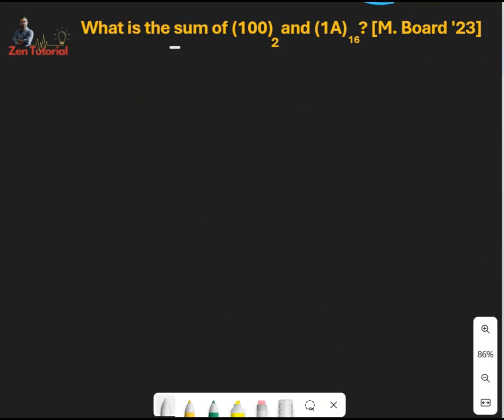What is the sum of two numbers? One is in binary, another one is in hexadecimal. So the sum will be in 3 formats. Let's start with the binary. For the binary value, we have to convert this value into binary.